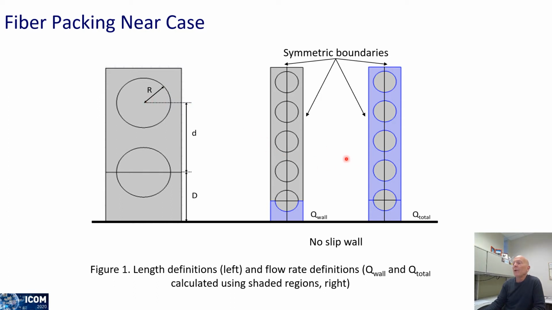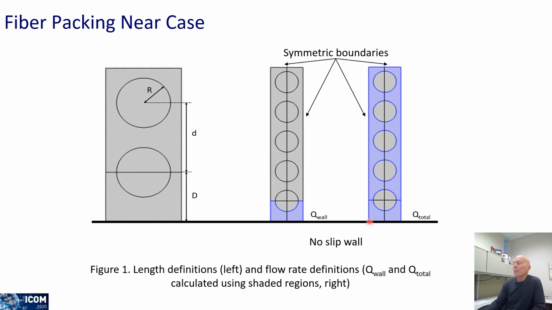Over here on the right, we also show how we're going to talk about calculations of velocity and of flow rate in two different limits. One is we're going to talk about what is the flow rate around the fiber closest to the wall. We're going to refer to that as Q wall. And the shaded region you see here is the region in which we're going to be calculating the flow rate and calculating an average velocity to represent the velocity or the flow rate at the wall.